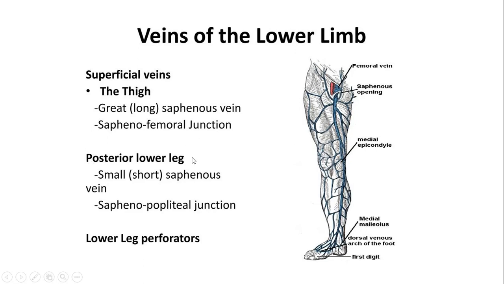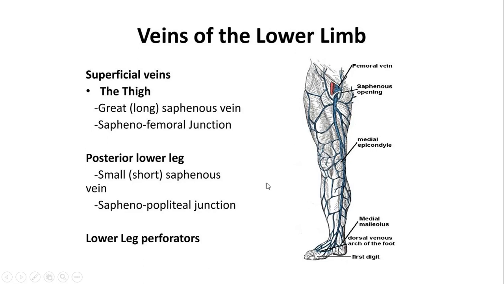On the posterior side of the lower leg there is another vein that is the shorter one, the small saphenous vein. That small saphenous vein opens into the popliteal vein, and that's why it is the saphenopopliteal junction. And on this side here are the perforators which are connecting the superficial veins with the deep veins.